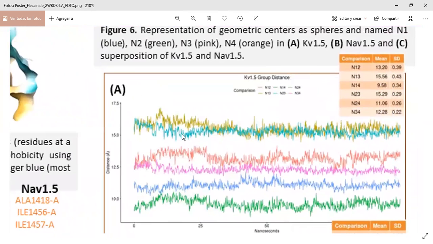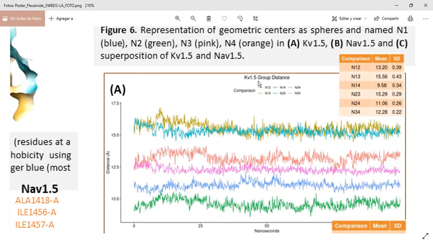Here we can see distance between these geometric centers, for example, distance between geometric center from group 1, 2, from group 1, 4, and so on.